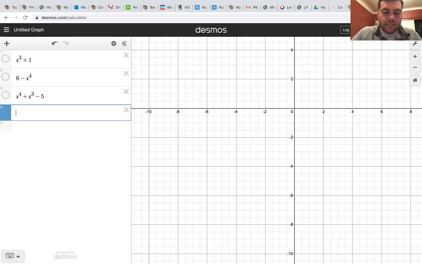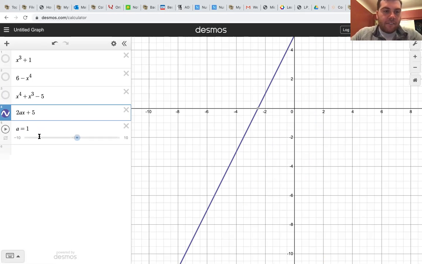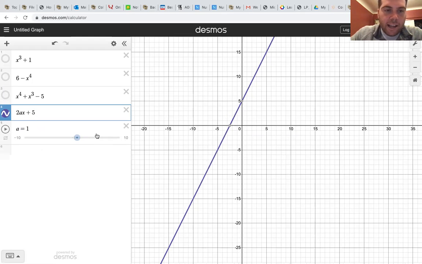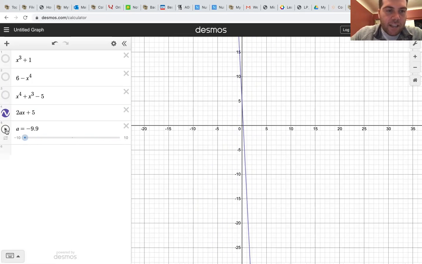So if we want 2ax plus 5, click Add Slider for a. Then we can change the values for a and see how the graph itself changes. And in fact, it'll also just play a video for you so you can see how a moves through in time.